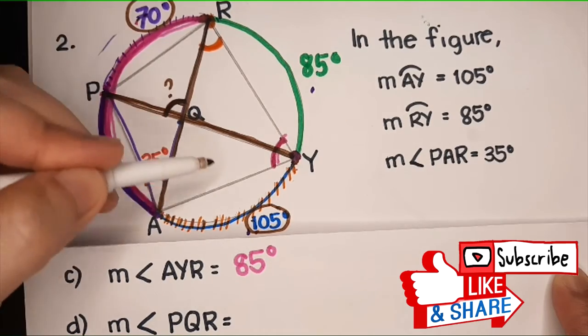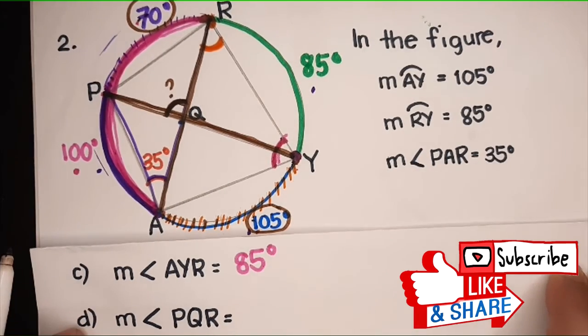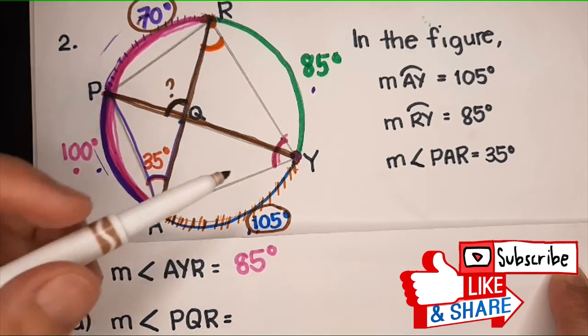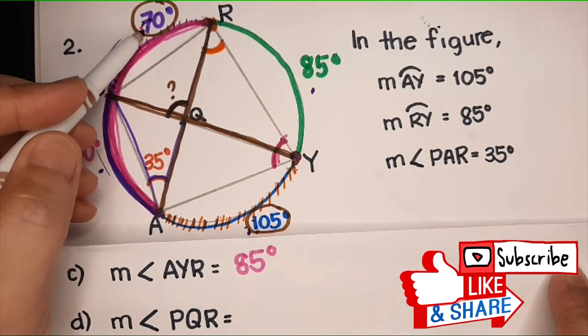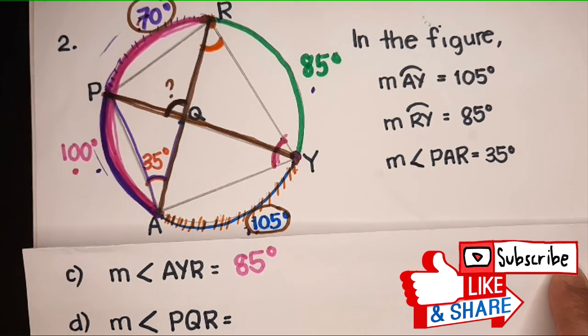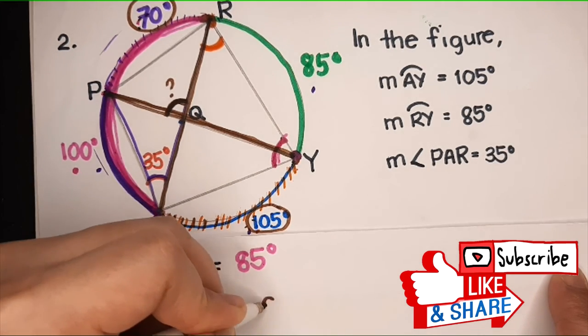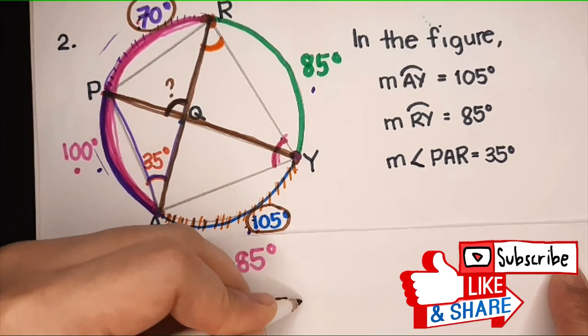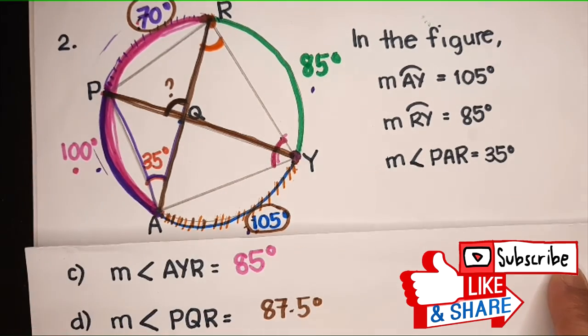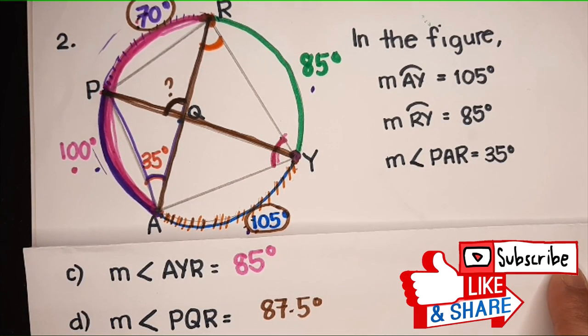You add them and then divide it by 2. Okay? So what is the answer? What is 105 plus 70? It is 175 divided by 2. What is the answer? It is 87.5 degrees.